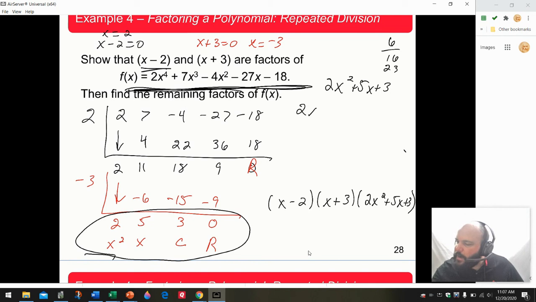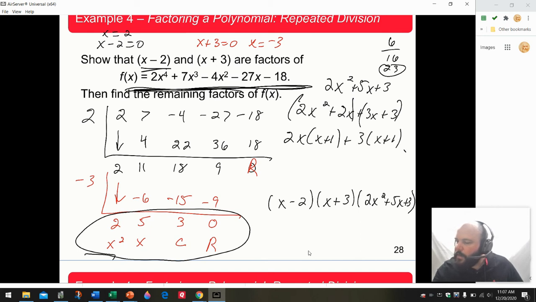So I'm going to write 2x squared plus 2x plus 3x plus 3, because we use those two. I'm going to group, take a 2x out, then take a 3 out, and then regroup. And so what you can see is I broke this down into these two pieces.